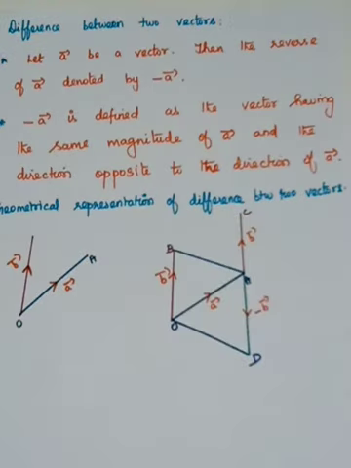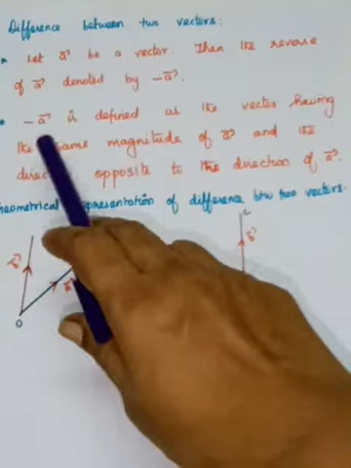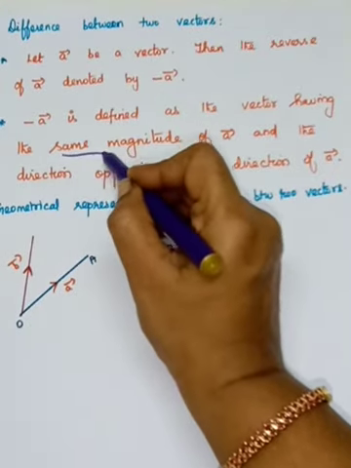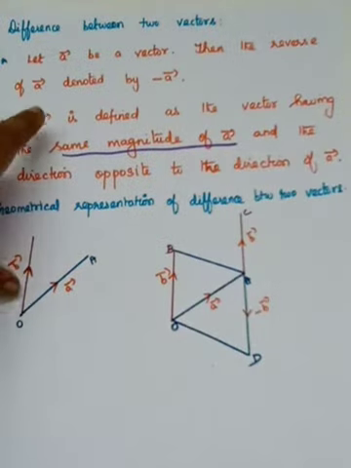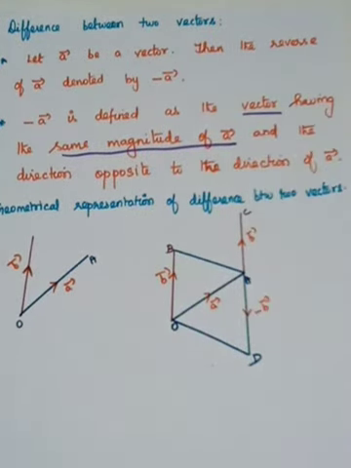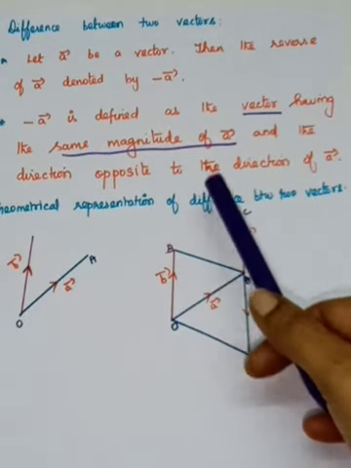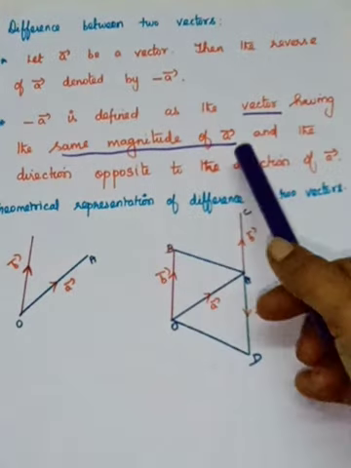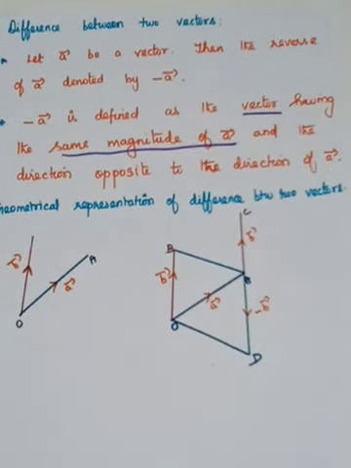So we have to talk about its magnitude as well as its direction. Minus A vector is a vector, and a vector means magnitude and direction. It has the same magnitude as A vector, so lengthwise no problem.